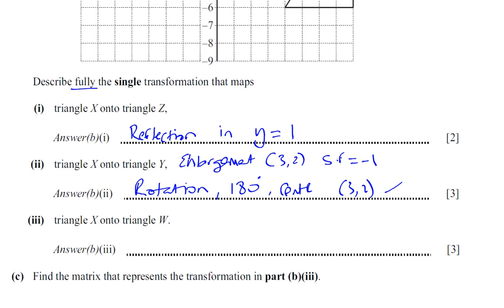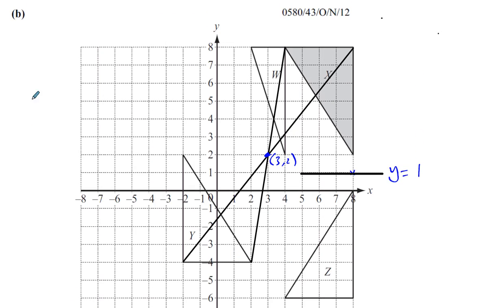Now, triangle X onto triangle W. This is something that has been taken out of the syllabus since 2015. This is actually something called a stretch. I'm not going to go through this with you because it's outside of the syllabus now.